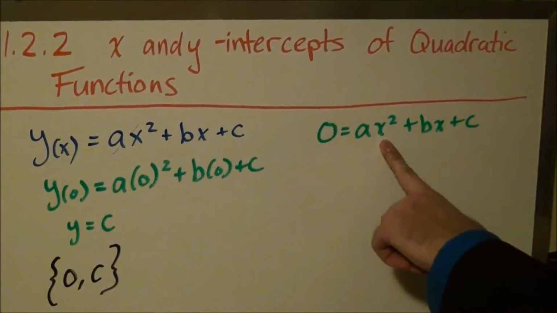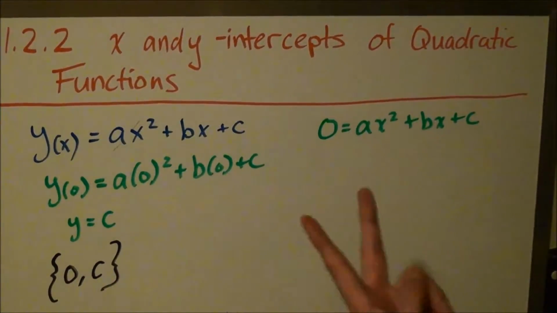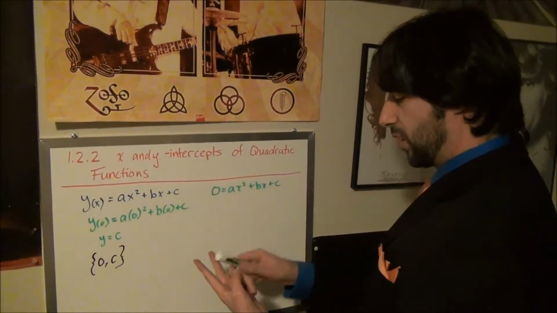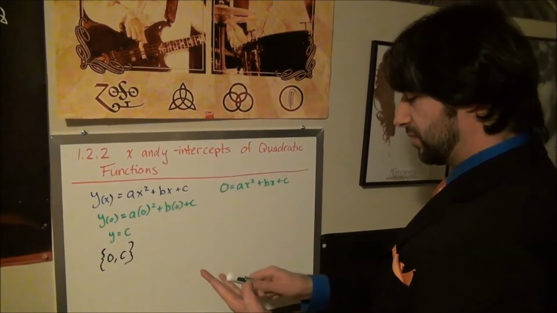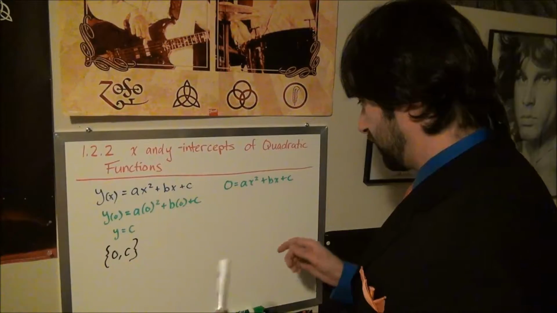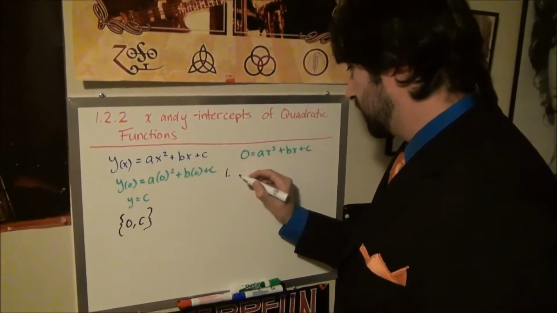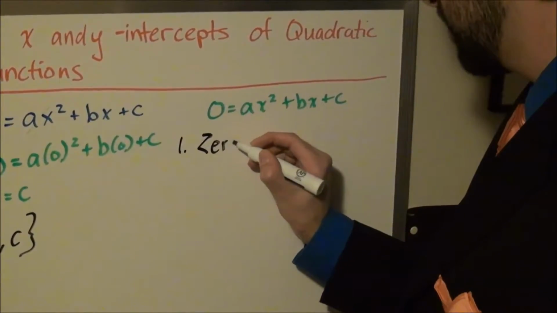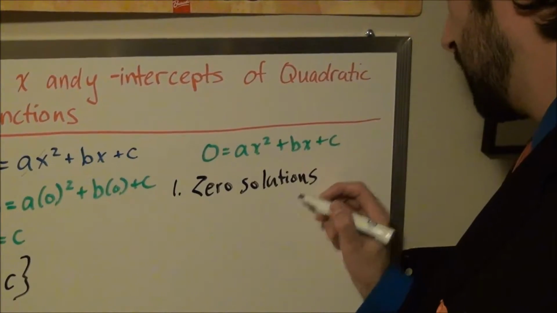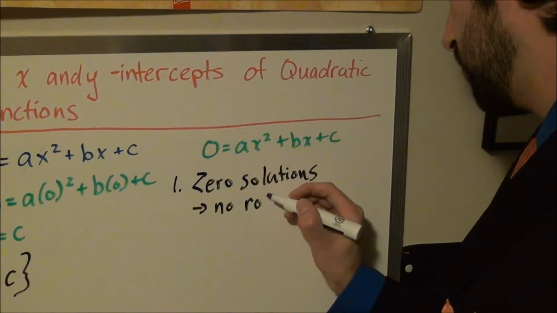But because there is a leading square term, there will be, in general, up to two possible solutions. There may be 0 solutions, there may be 1 solution, and there may be 2 solutions. This is 3 cases. I'm going to write down the cases first, and then I'll illustrate them immediately afterwards. Case 1 is 0 solutions, which means no x-intercepts or no roots.